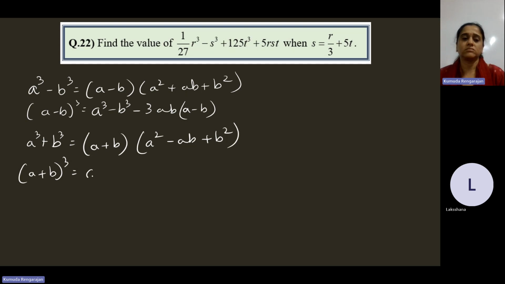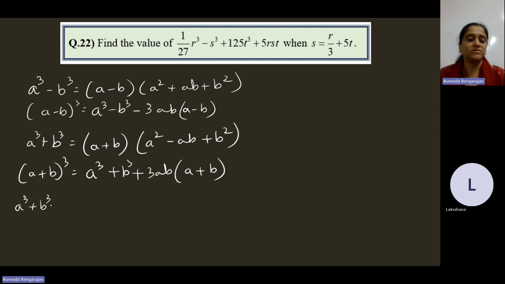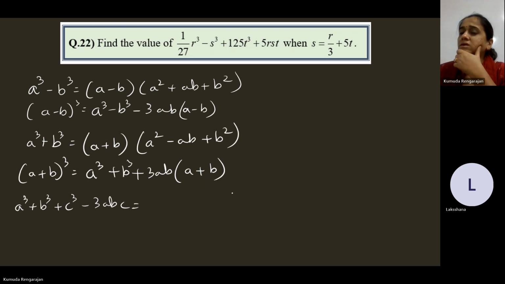A cube plus b cube plus 3ab into a plus b. Very good. Now what is a cubed plus b cubed plus c cubed minus 3abc? Complete this identity. A cube plus b cube plus c cube minus 3abc is equal to?